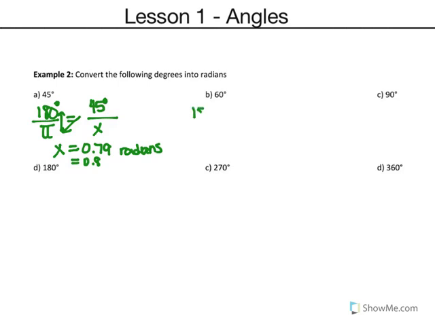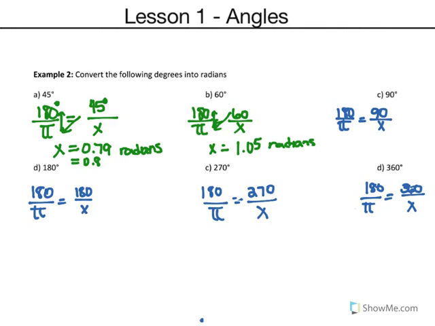Same thing here, 180 degrees over pi is equal to 60 over x. Cross multiply and divide. You should get x to be 1.05 radians. Now I want you to pause the video and figure each of these out.